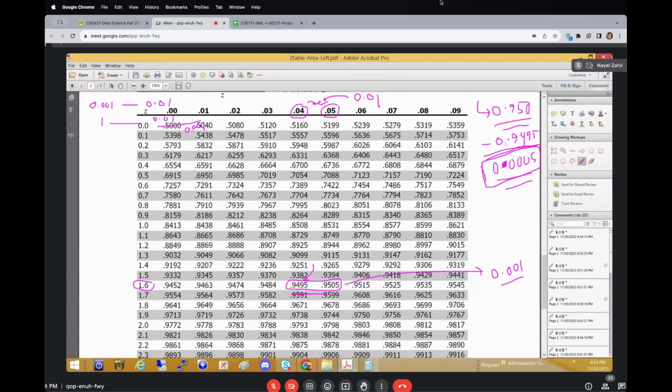Because we want to get 0.95, but we have here 0.9495, the difference here is 0.0005.